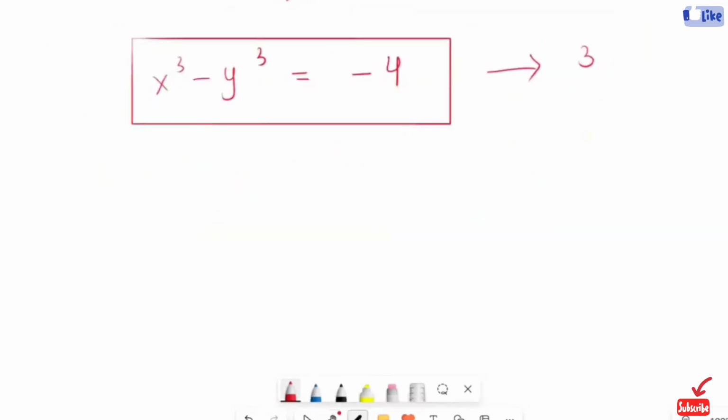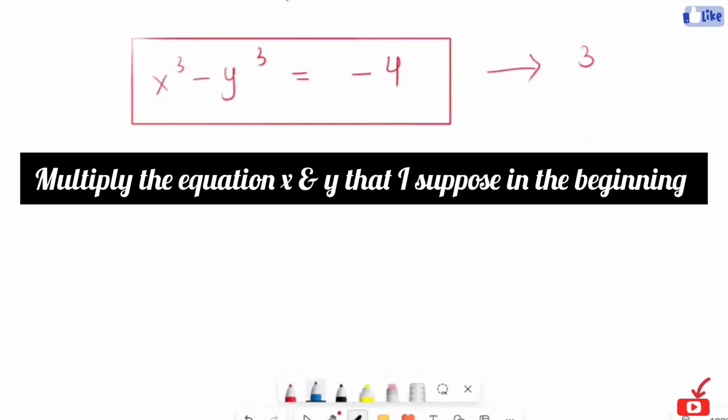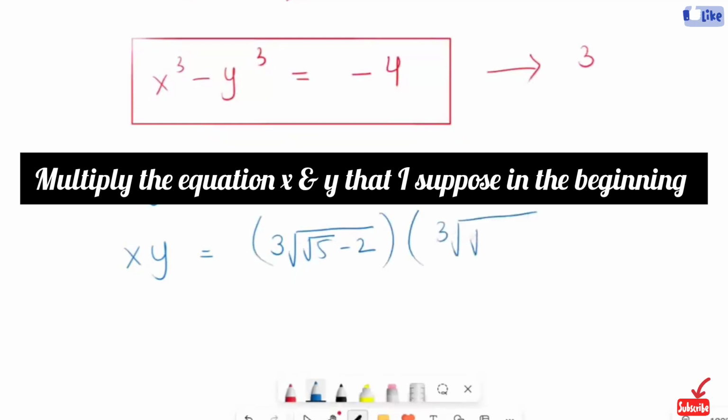Now what I will do is first find out the value of xy, because here I am going to plug in the perfect cube formula. For that I need x and y, so I will multiply the x and y equations that I supposed in the beginning. x times y is equal to the cube root of square root of 5 minus 2, times the cube root of square root of 5 plus 2.